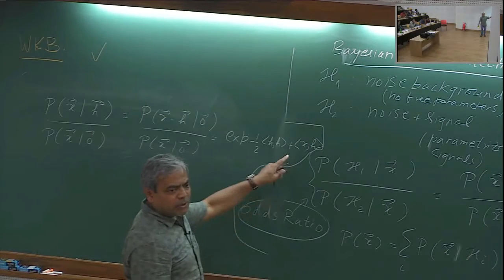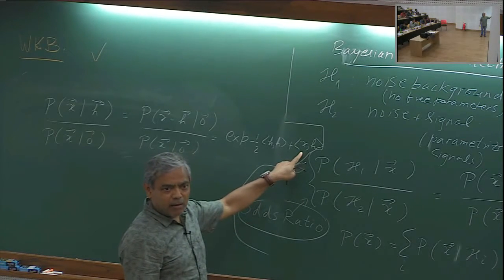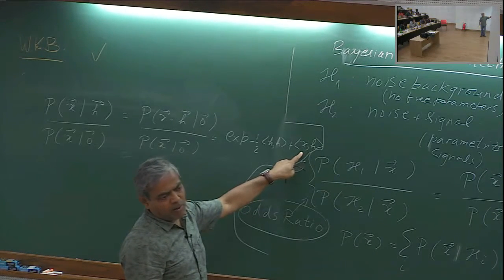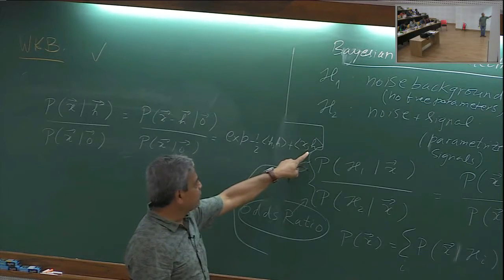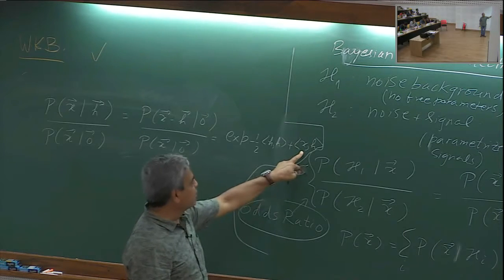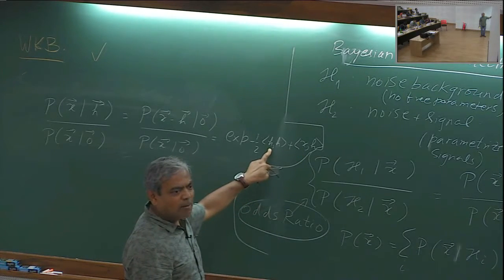The only computation therefore involved is this quantity here, x comma h. And what is that? That's a simple integral or sum. In our algorithm, it's the match filter that we are using, right, to compute this quantity. That's the only thing that is computed. This h comma h is computed once for all. It's the norm of the signal.